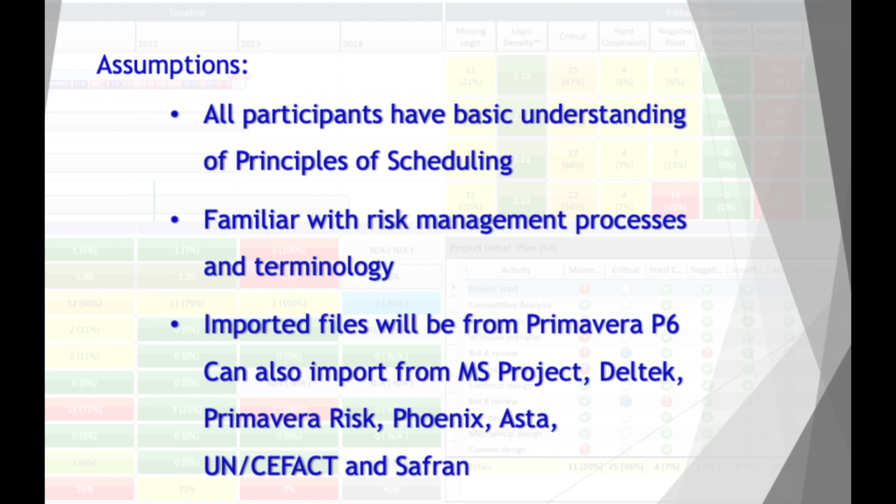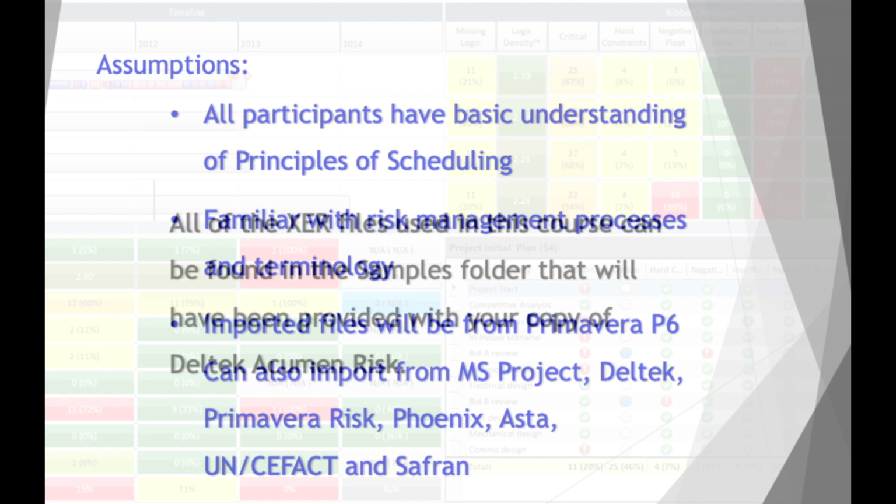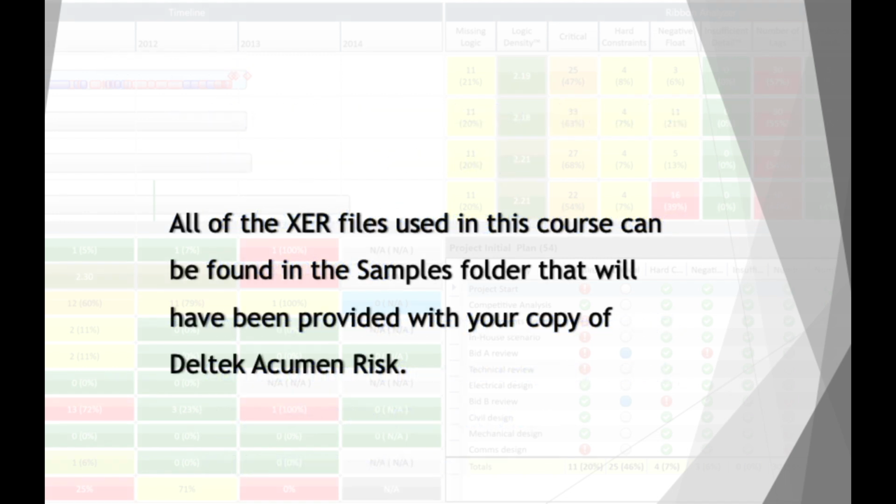Before taking this course, you would have preferably completed my comprehensive course for Deltek Acumen Fuse, step by step. Although this course is designed for new users of Deltek Acumen Risk, it would be an advantage to have previous experience of using Acumen Fuse.